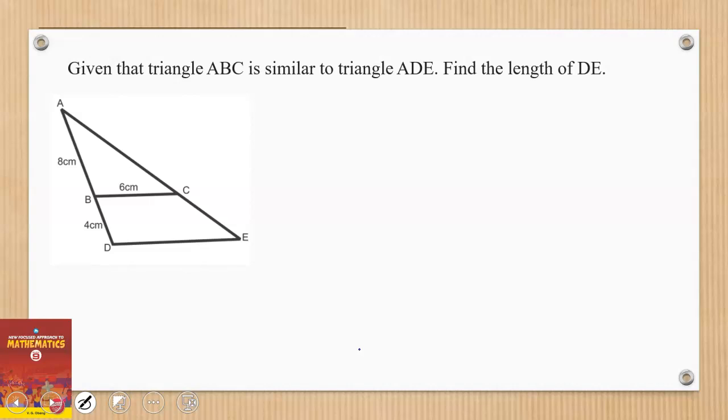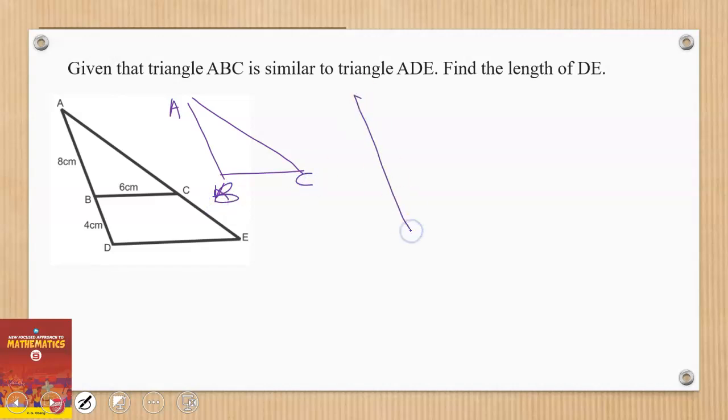Given that triangle ABC is similar to triangle ADE, find the length of DE. Now they've said they are similar, so when I extract triangle ABC, I can get it as this. So this is A here, B here, and C here.